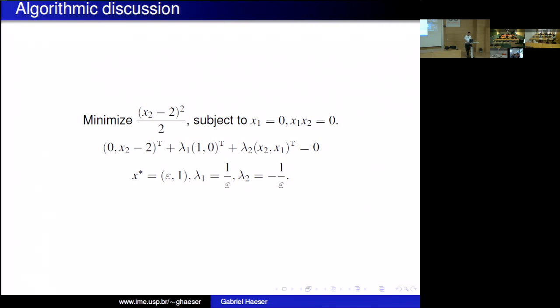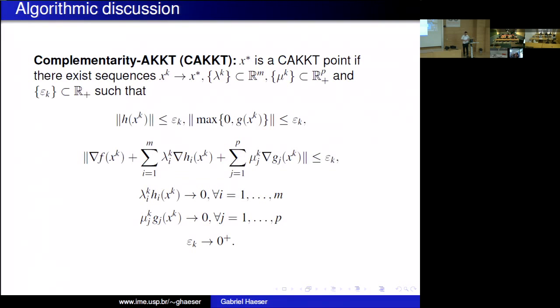You can check this, and it holds. But this point is not good for me. The point (epsilon, 1), I don't care for that point. It is not a local solution, but the approximate KKT condition holds. Okay, so there is another paper that tries to address this issue.